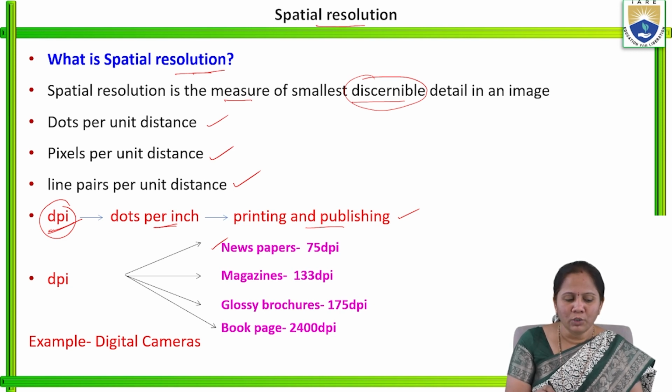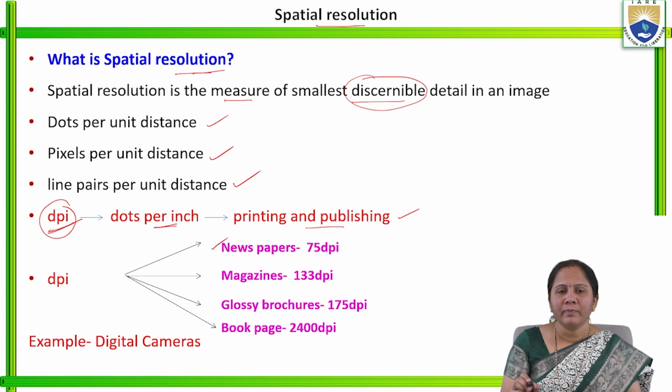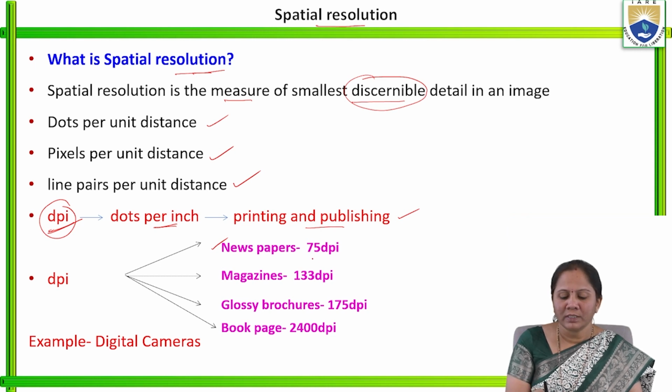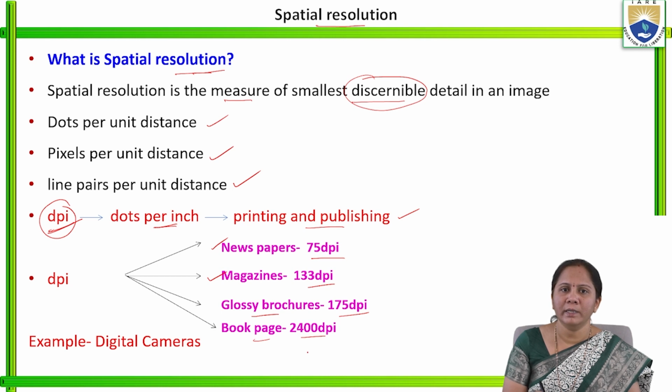A newspaper has a resolution of 75 dpi, magazines have a resolution of 133 dpi, glossy brochures will have a resolution of 175 dpi, and a book page will have a resolution of 2400 dpi.